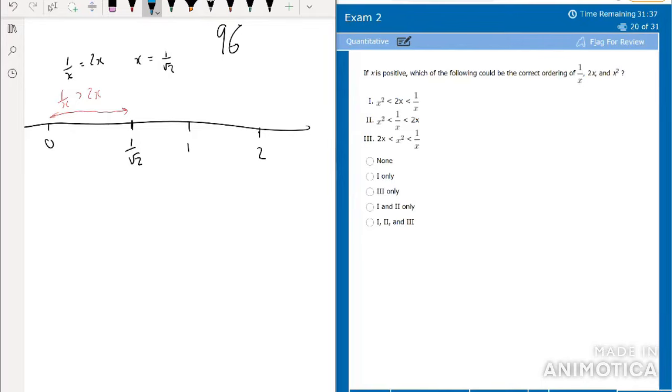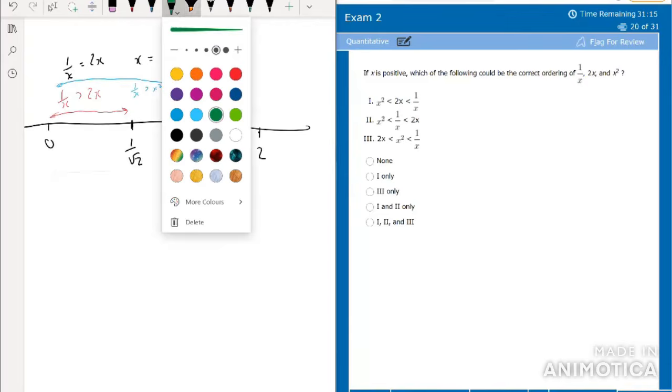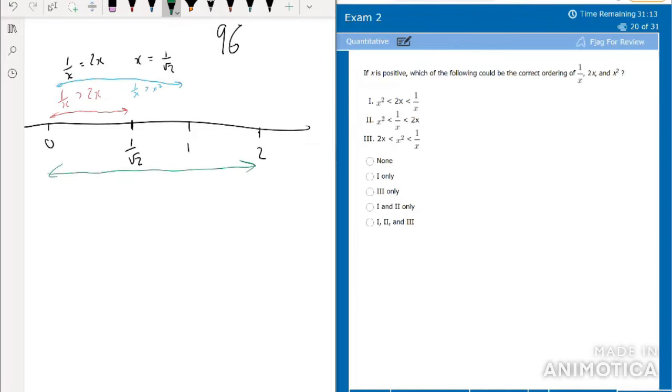For the 1, we've got this range where 1 over x is greater than x squared, and this range is where 2x is greater than x squared.